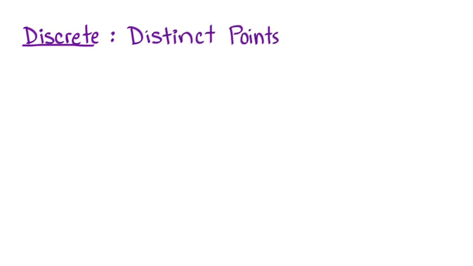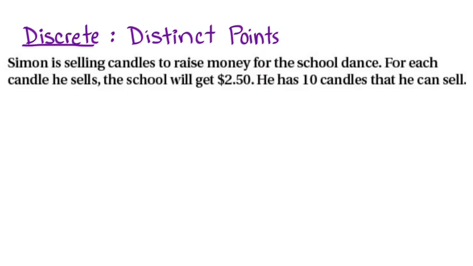Let's talk about discrete graphs. Discrete graphs are distinct points. For example, Simon is selling candles to raise money for his school dance. For each candle he sells, the school gets $2.50, and he has 10 candles to sell.